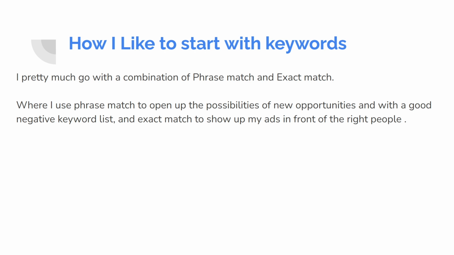So this is how I like to start with keyword match types. I pretty much go with a combination of phrase and exact match, where I use the phrase match to open up the possibilities of new opportunities, and with a good negative keyword list obviously, and the exact match to show up for the ads in front of the right people, right?